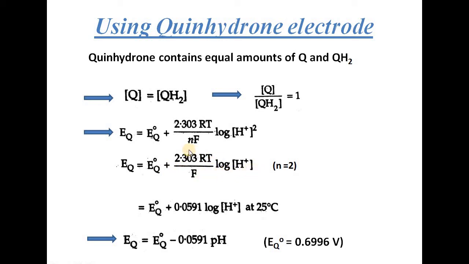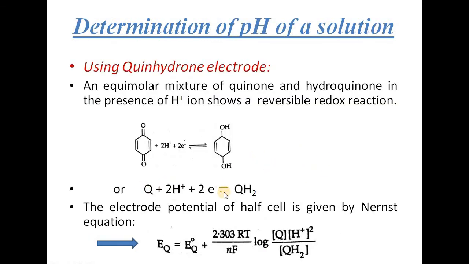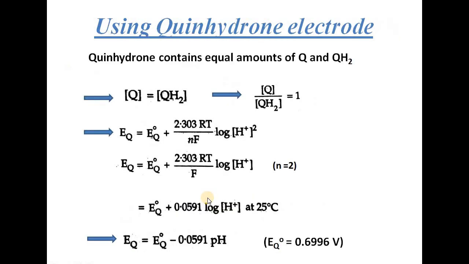Here we are putting the value of n equal to 2, as we can see in this reaction there are 2 electrons involved. So we can put n equal to 2 to get the resultant expression for the electrode potential of the quinhydron electrode. At 25 degrees Celsius, putting the various values, we get the resultant expression E_Q is equal to E_Q naught plus 0.0591 logarithm of hydrogen ion concentration.